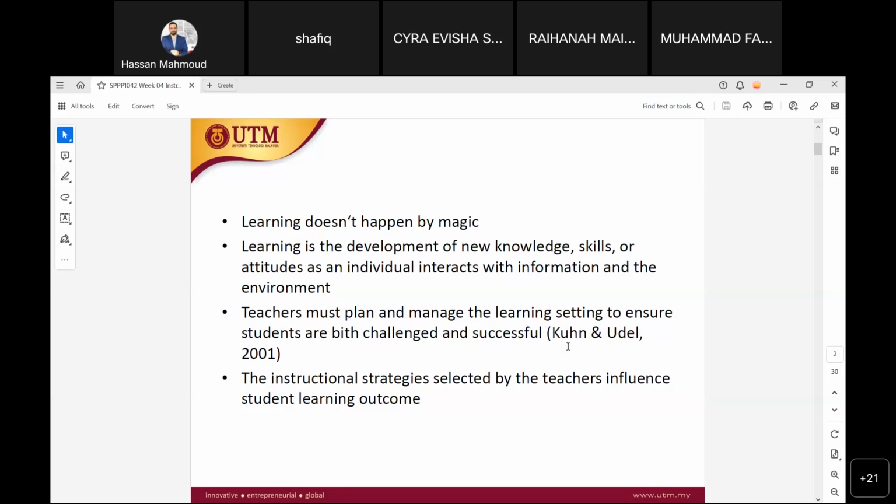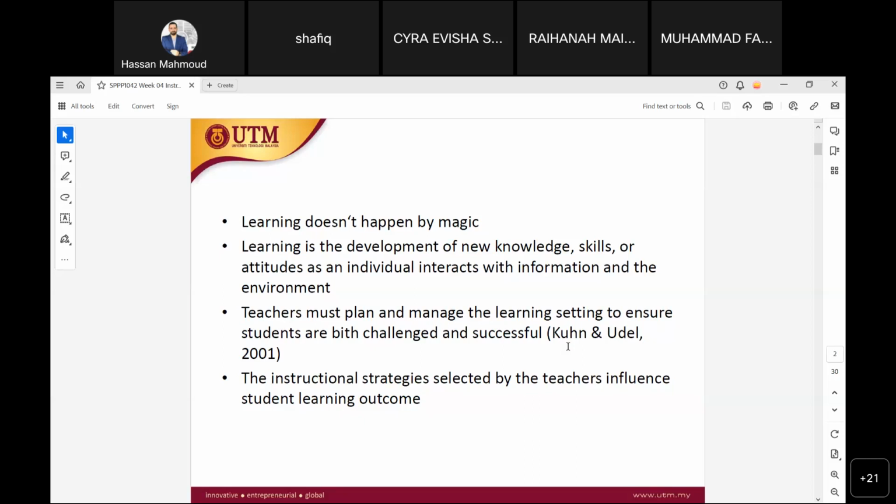When we talk about technology native, they can simply come out with knowledge right away in the class using their smartphones. Okay? So you as a teacher, you need to be prepared, you need to be updated.